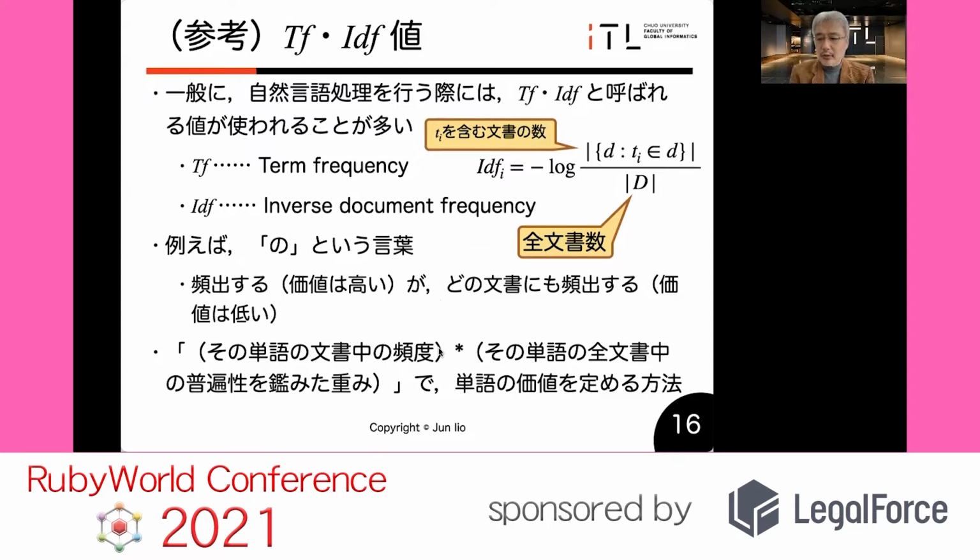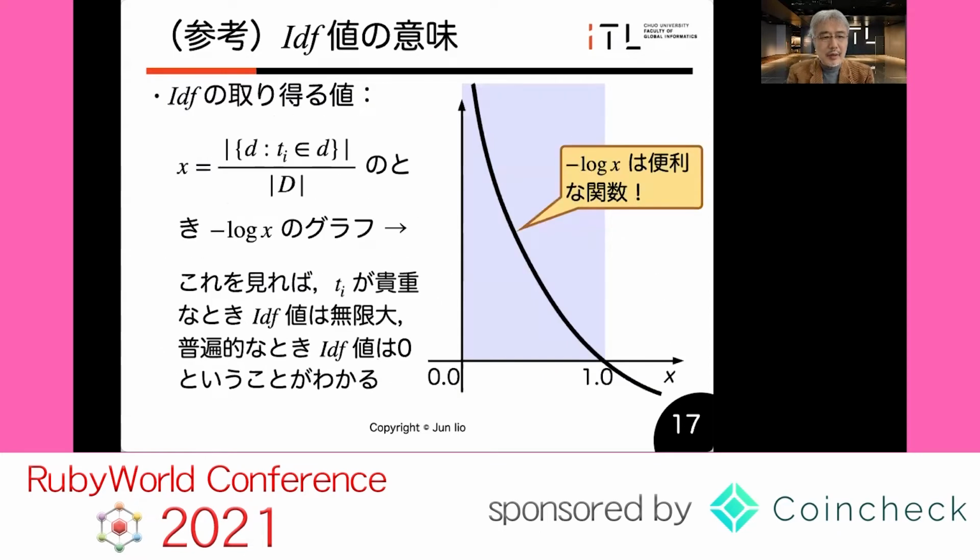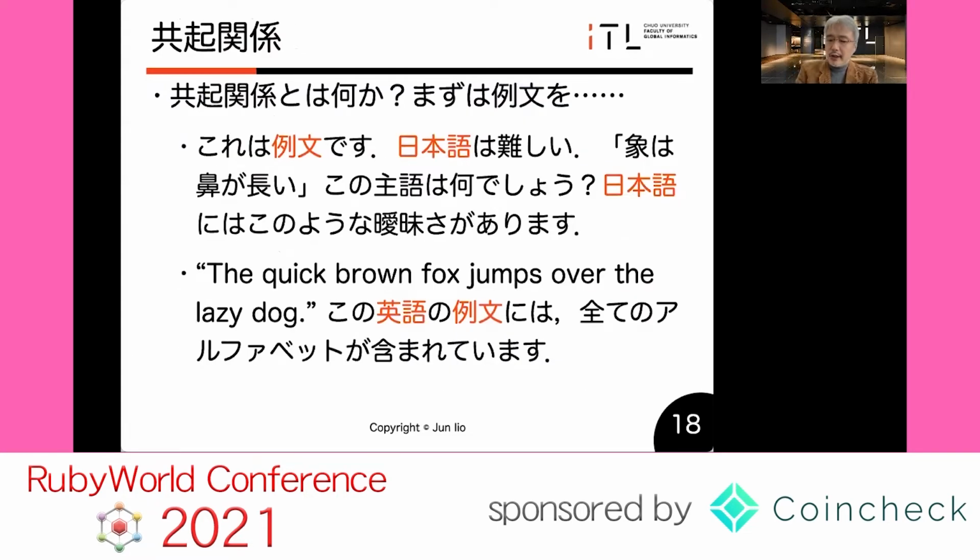We calculate inverse document frequency to determine the value of each word. But because we focus on the proper nouns this time, we do not consider IDF. IDF takes a logarithmic function, so I will skip this discussion as well.